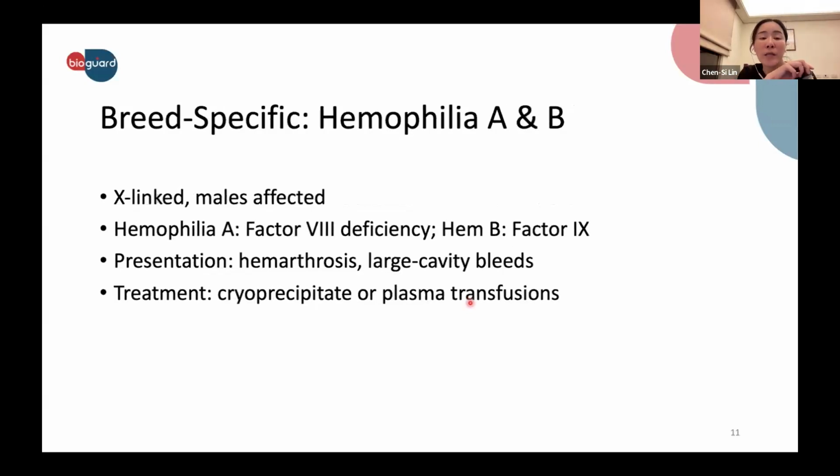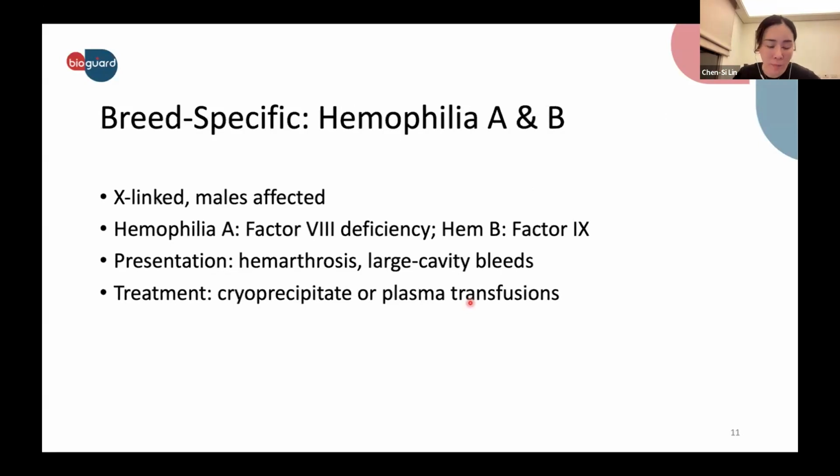VWD is a breed-specific coagulation problem. Another breed-specific disease we will talk about is Hemophilia A and Hemophilia B. As we know, the coagulation cascade consists of different coagulation factors.